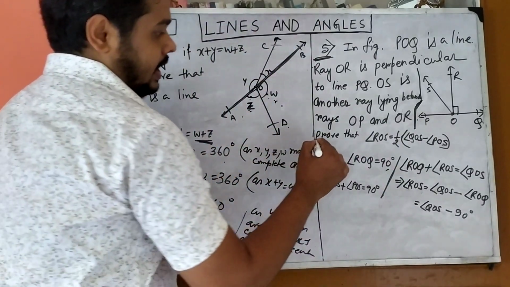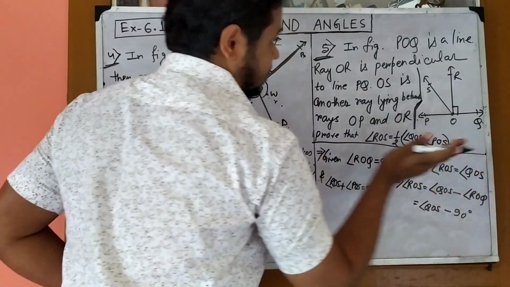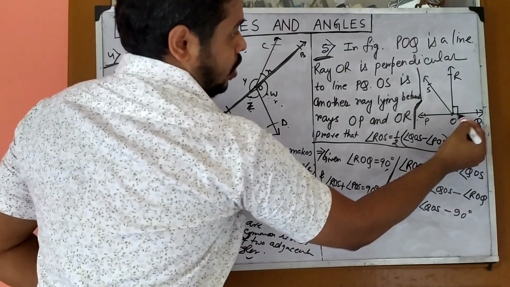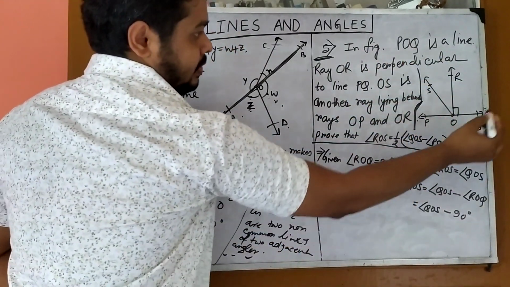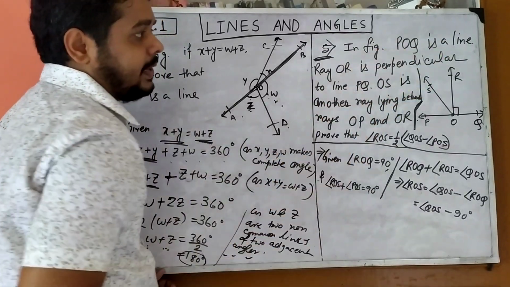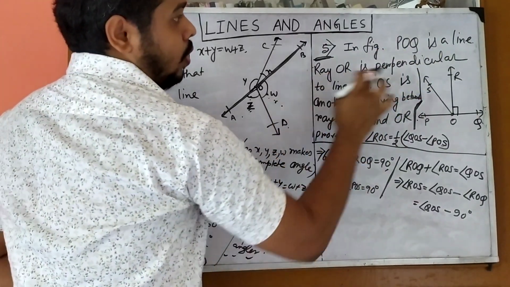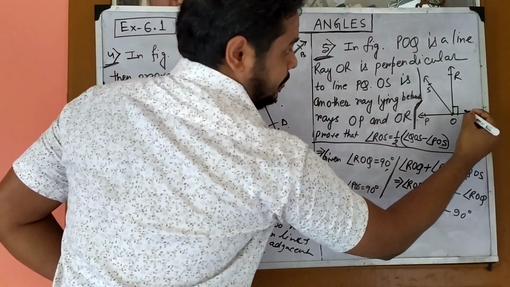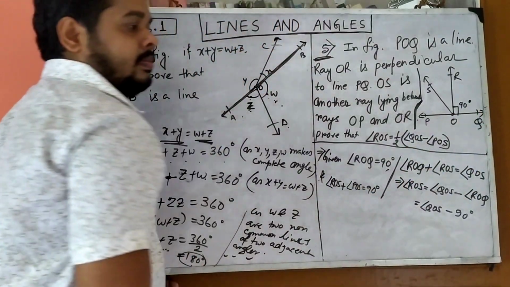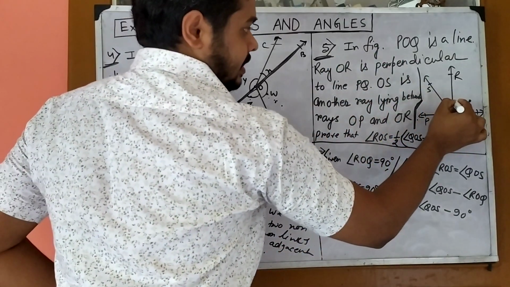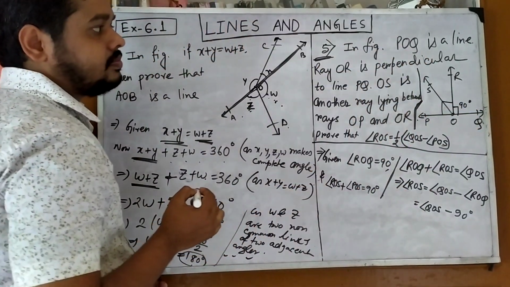In this figure, this portion is the question. In this figure, POQ is a line. Ray OR is perpendicular to PQ. So this portion is 90 degrees and similarly this portion is also 90 degrees.